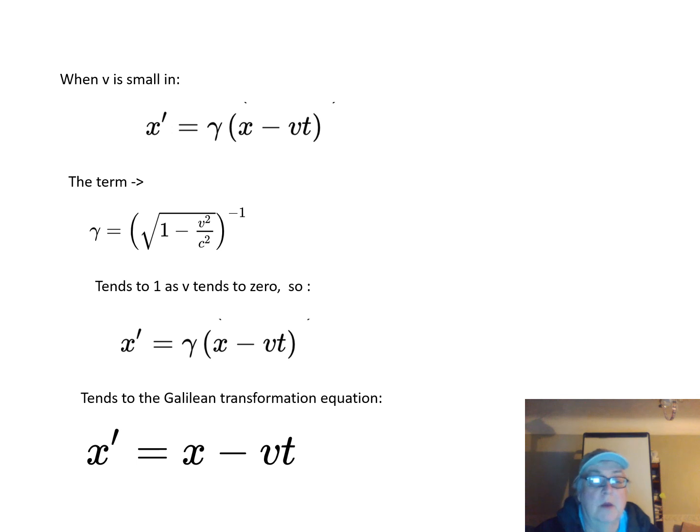For the equation x prime equals gamma times x minus vt, the term gamma tends to 1 as v tends to 0.